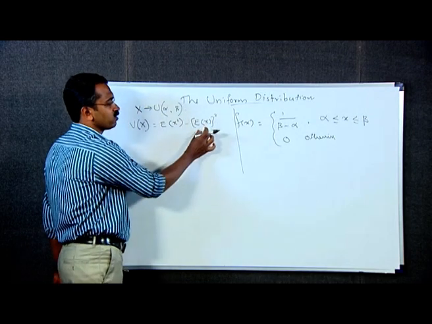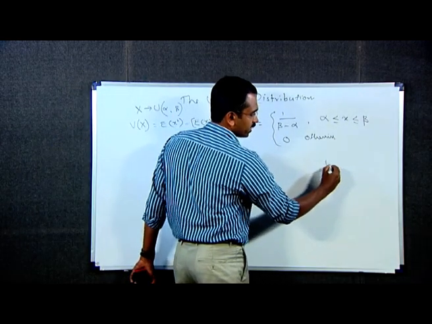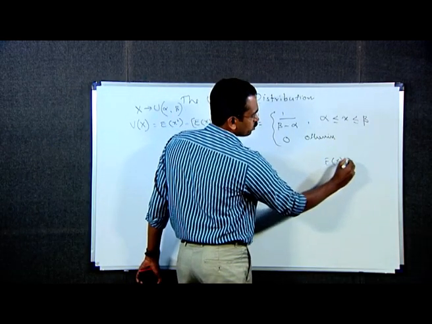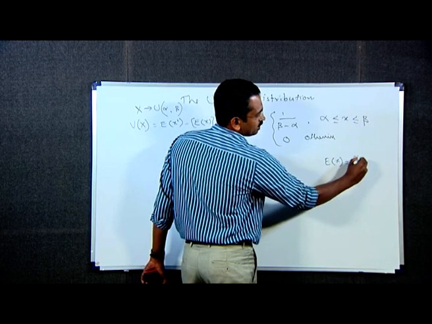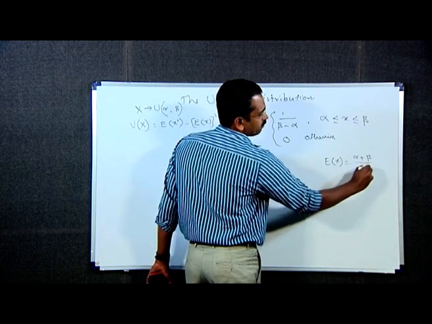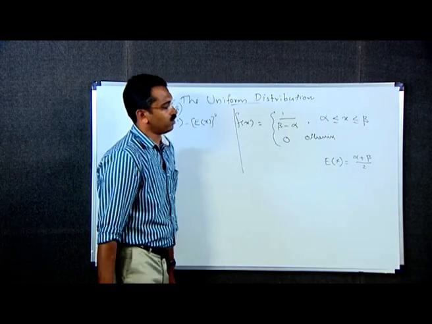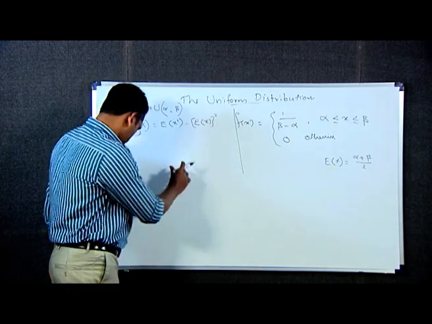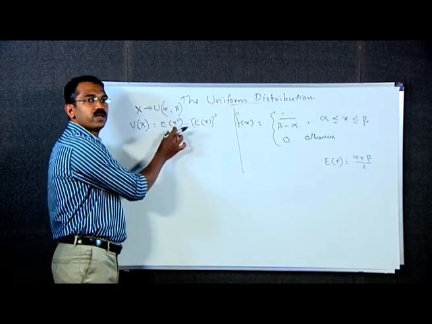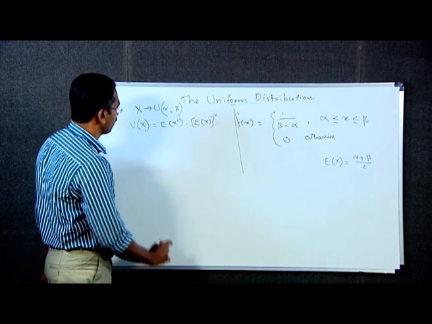Here, expectation of x is the arithmetic mean, which is equal to the average of the two parameters alpha and beta. Therefore, we have to find E of x square only.